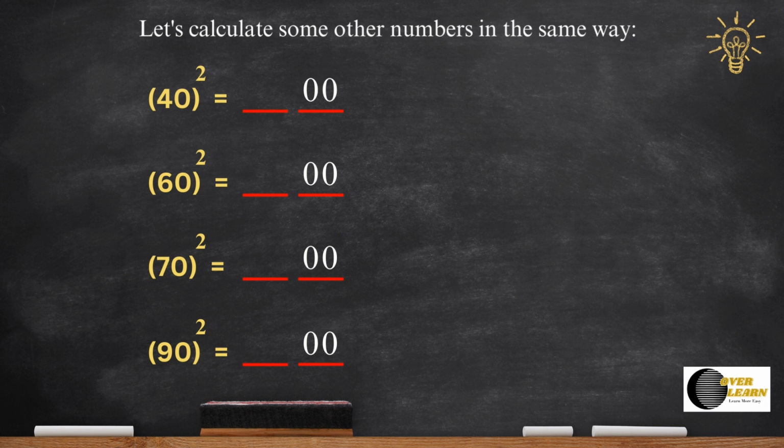For example, for the first one, we have 4. 4 power 2 is 16. 6 power 2 is 36. 7 power 2 is 49. And 9 power 2 is 81.